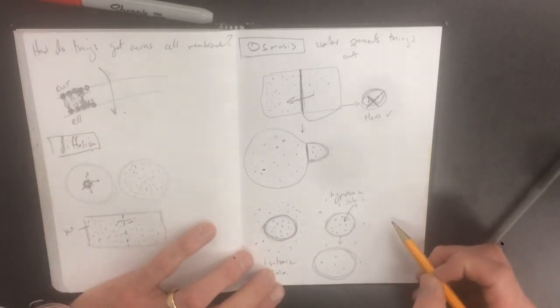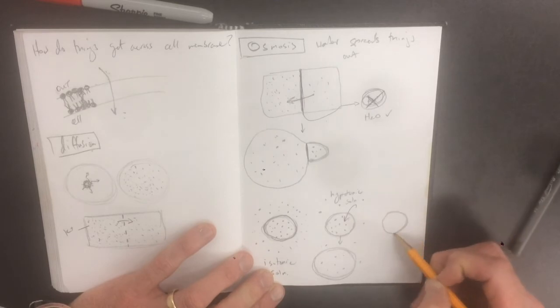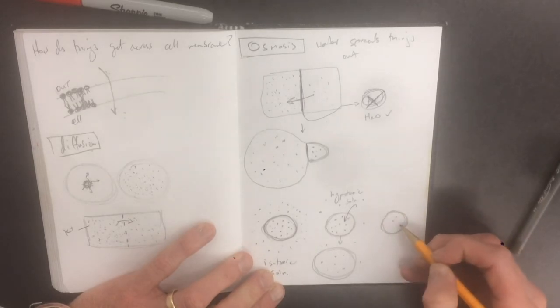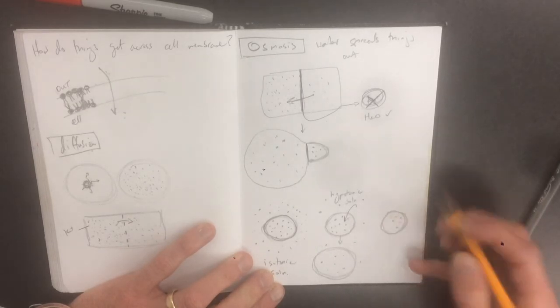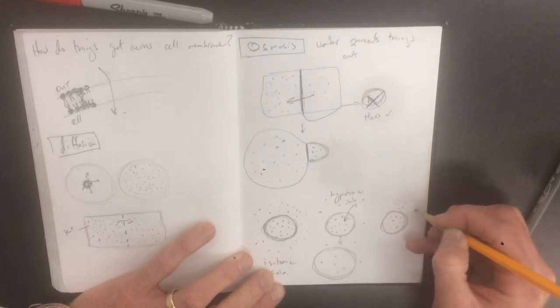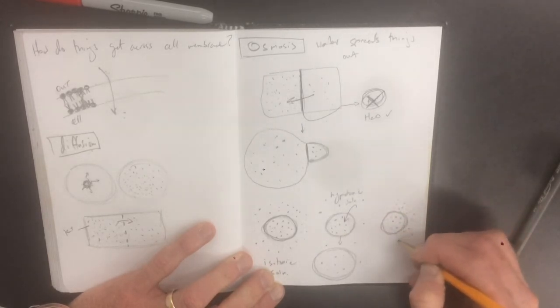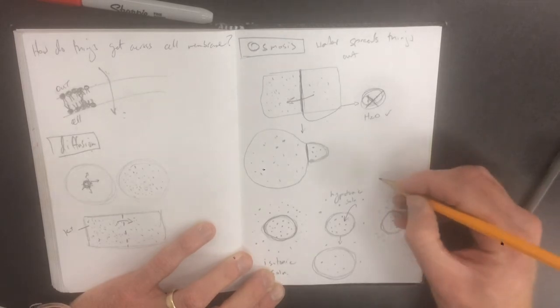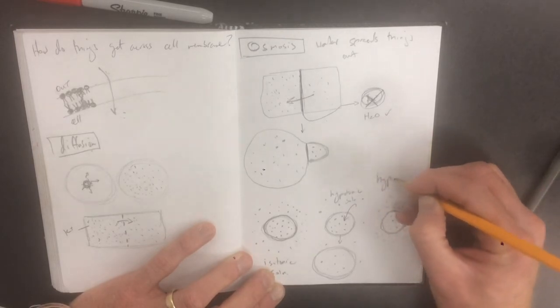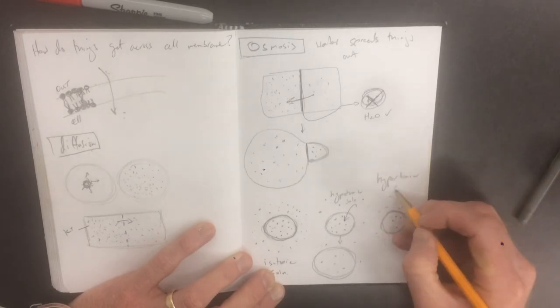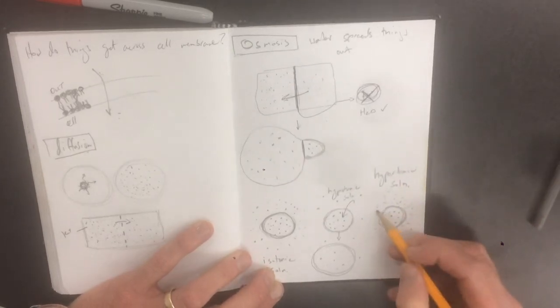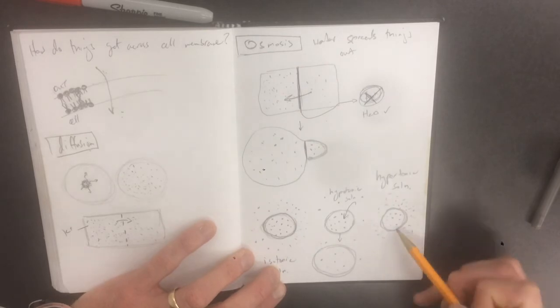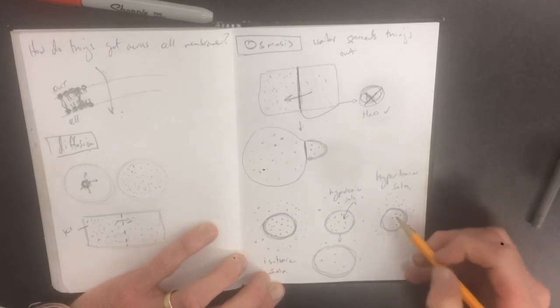The opposite of a hypotonic solution is when you have a blood cell, or any type of cell, that's in a solution that has a super high concentration. That's called a hypertonic solution. In this case, water again is going to want to spread things out.